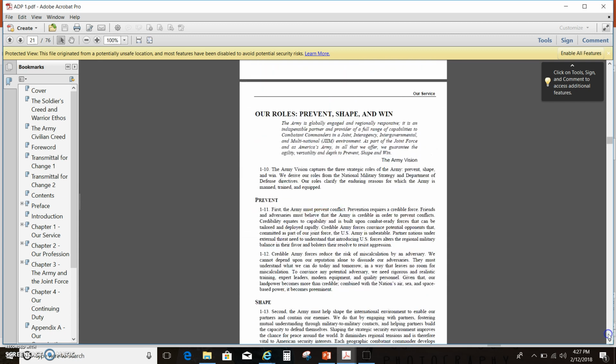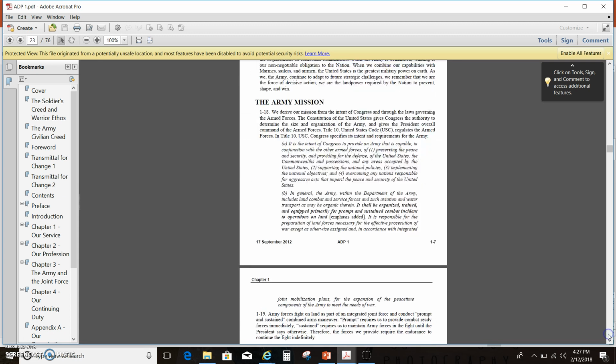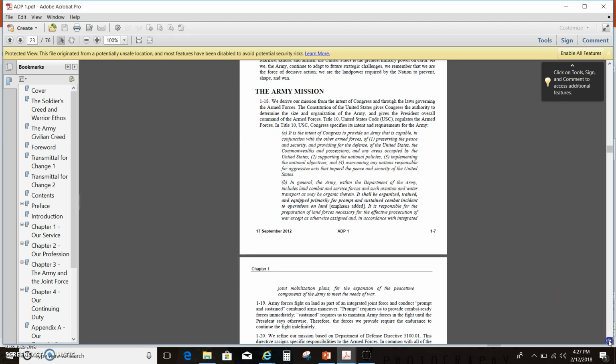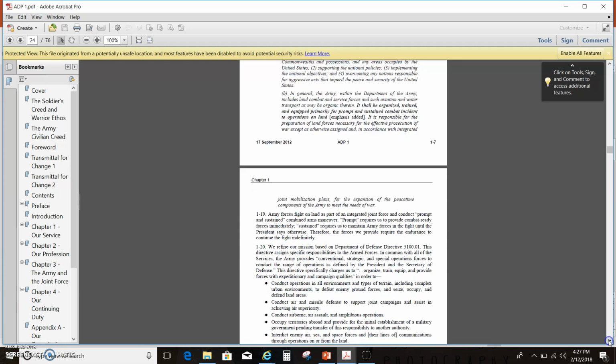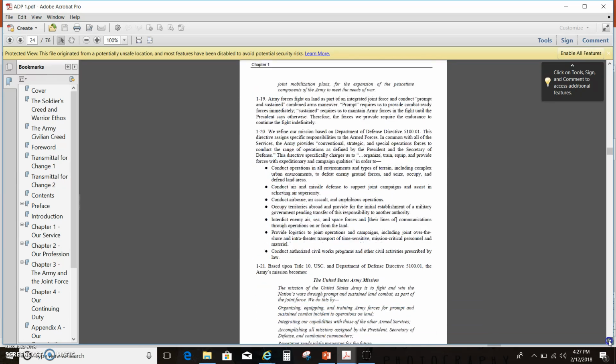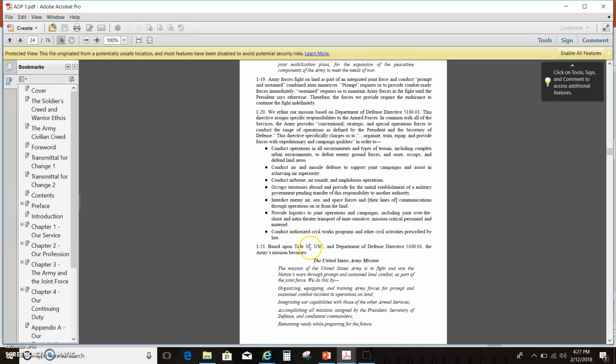Specifically, it talks about how it derives the mission from the Constitution. People that are much smarter than us came up with the information from the Constitution.